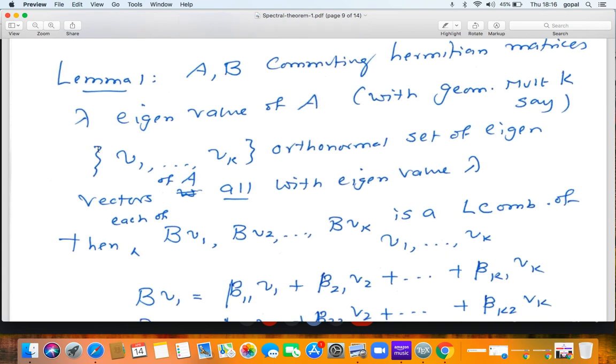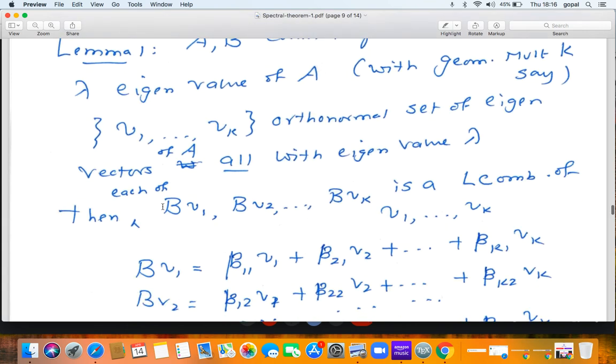Now what happens is that when I look at BV1, BV2, ..., BVk, each of these is a linear combination of V1, V2, ..., Vk. That is, I simply take an eigenvalue lambda with multiplicity k, so I got k orthonormal eigenvectors corresponding to the same eigenvalue lambda, and now I apply B to these vectors.